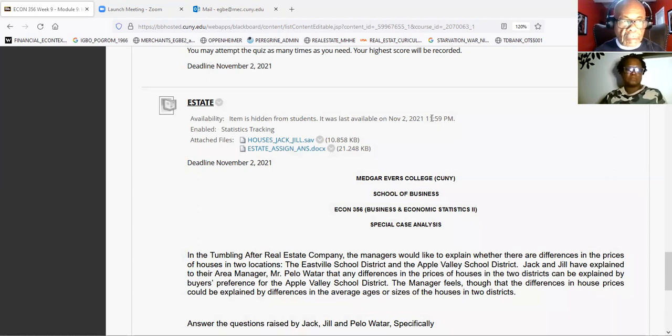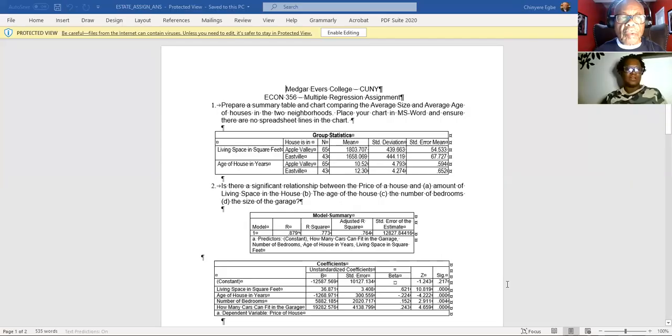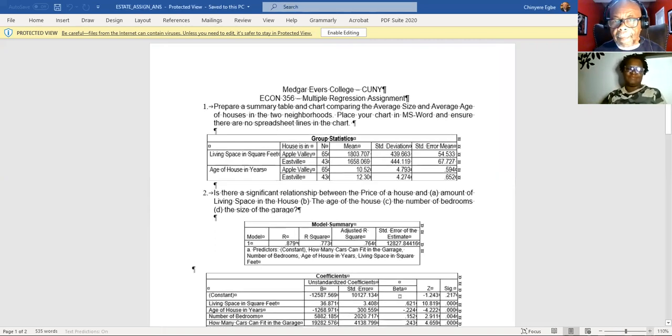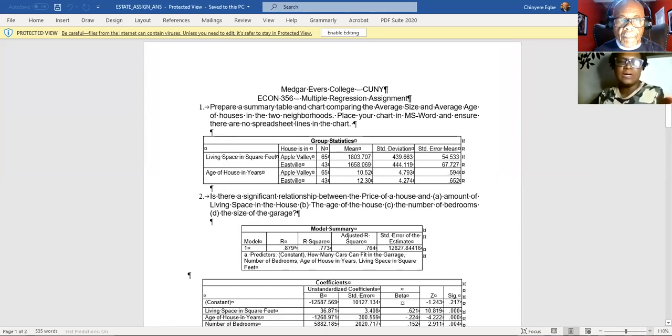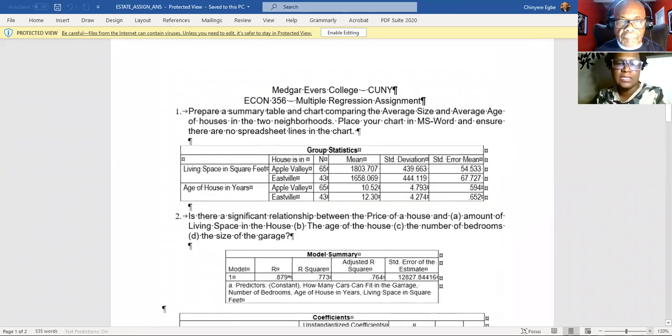Are you still in Blackboard? I'm seeing Blackboard. All right. It's probably transitioning. No, it's not transitioning. I'm learning something about the way this system works. Oh. So now you are seeing the MS Word file? Yes. All right.